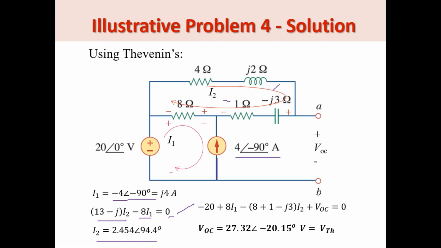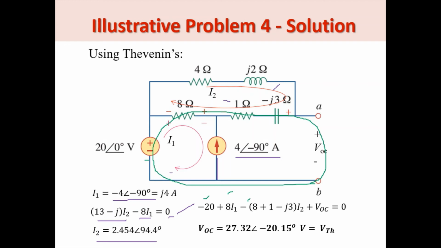To solve V sub OC, we could then proceed to write a KVL equation around this loop. So choosing not to pass by a current source, starting here, we got negative 20 plus 8 I1, due to I1 the voltage drop, minus the voltage drop due to I sub 2.